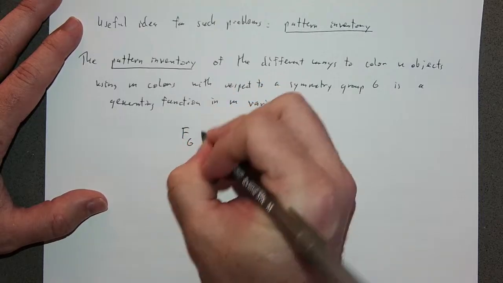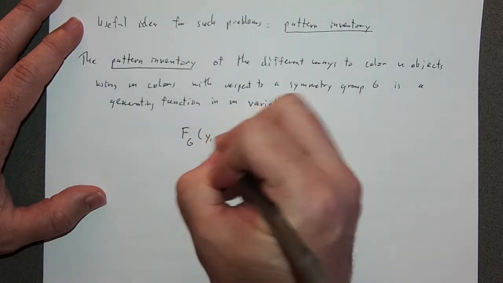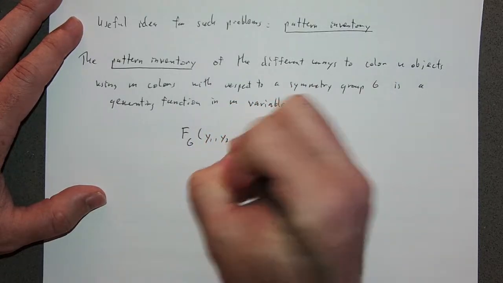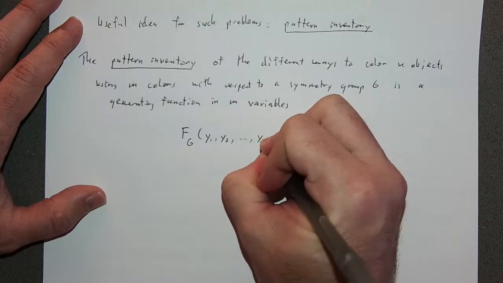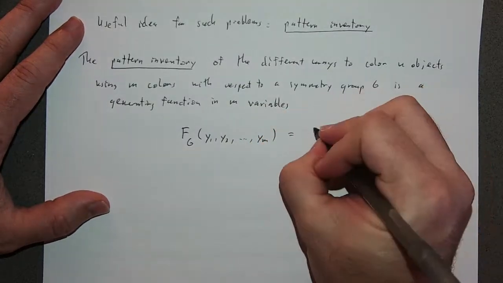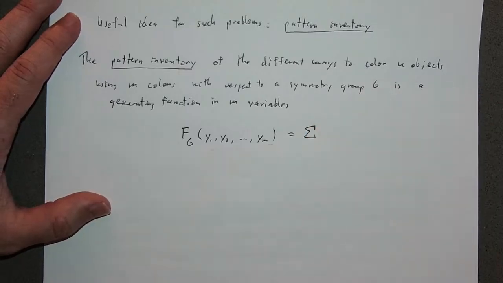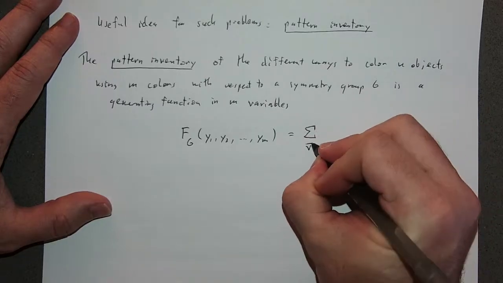We'll call it big F sub G. It is a generating function in the variables y1 to ym, which means that it is a sum now over m-tuples or vectors.